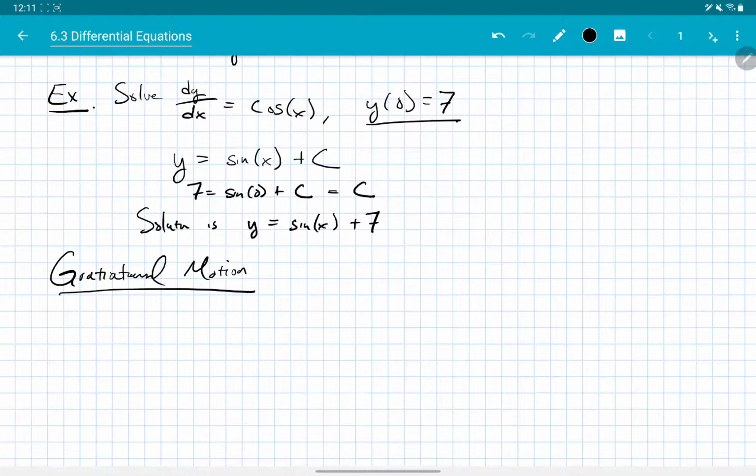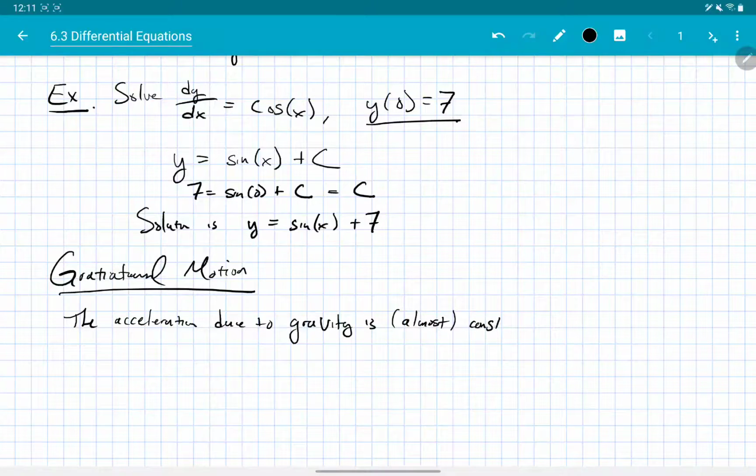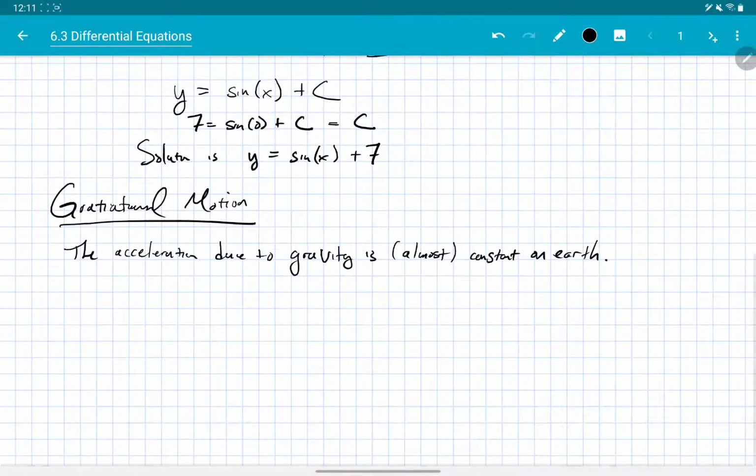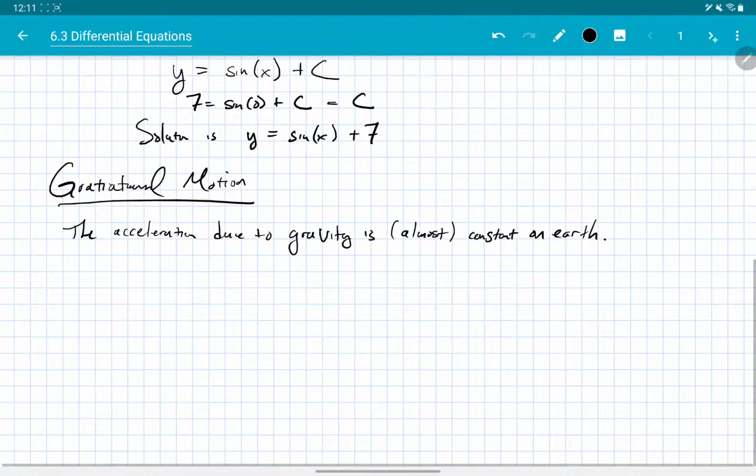Okay, it is known through experimentation that the acceleration due to gravity is almost constant on Earth. There are some slight differences for elevation, but they usually end up not mattering for these calculations.